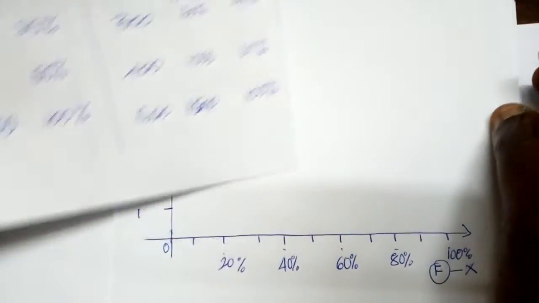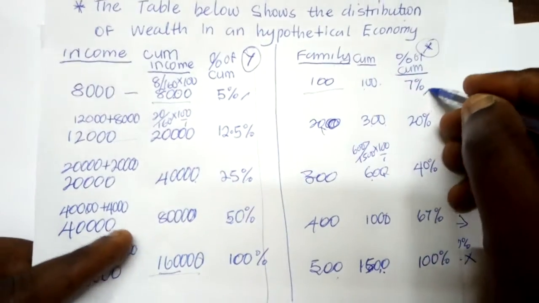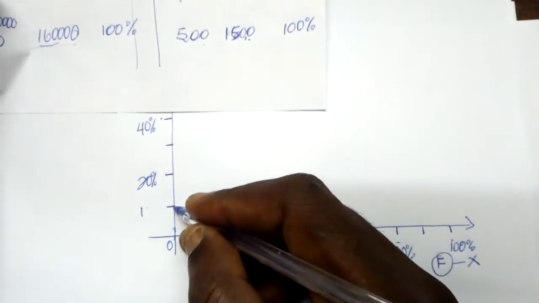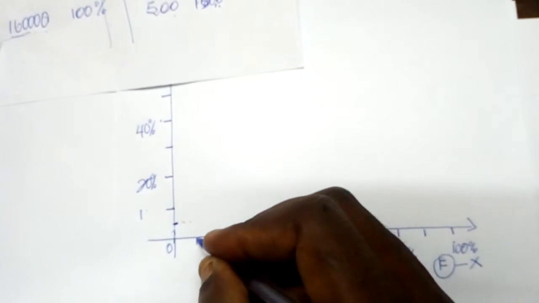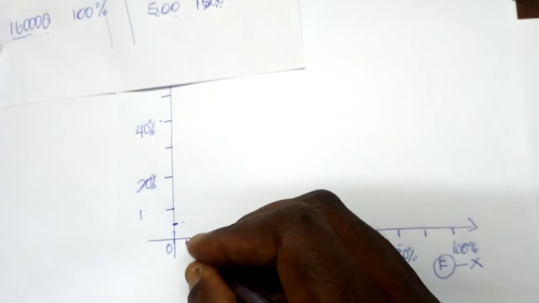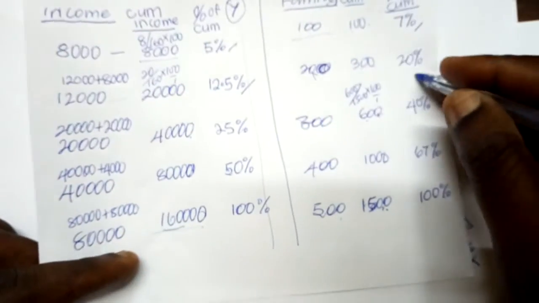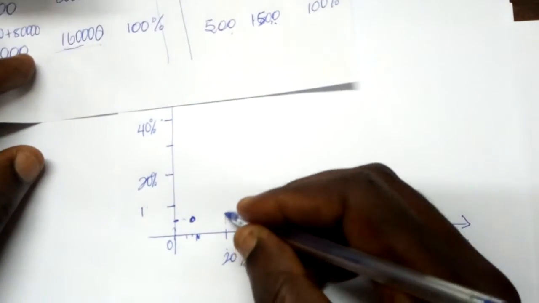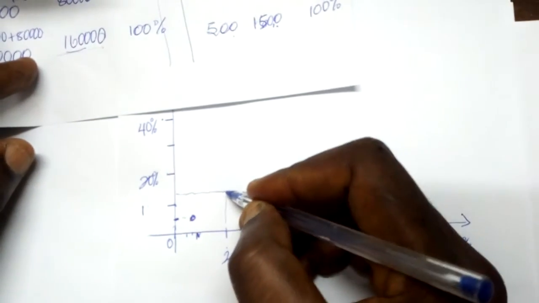Now you plot this 5% against 7%. So on the y-axis this is 10, and this is 5, then this is 10, then this is something like 7. So that's the first plotting. The next one is 12.5 against 20. This is 20%. Then if this is 10, 12.5 will be something around there.